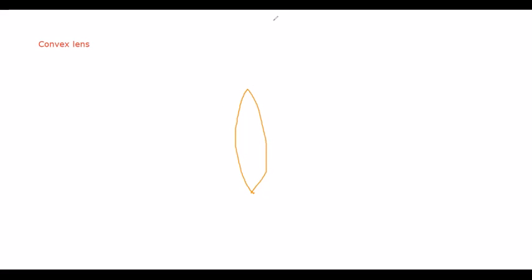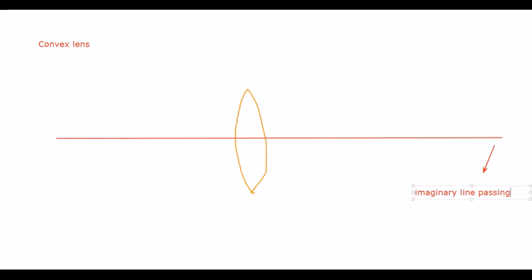The imaginary line, in reality it's not there, the imaginary line which is passing through the center of the lens, this line is called the principal axis. This is just an imagination.